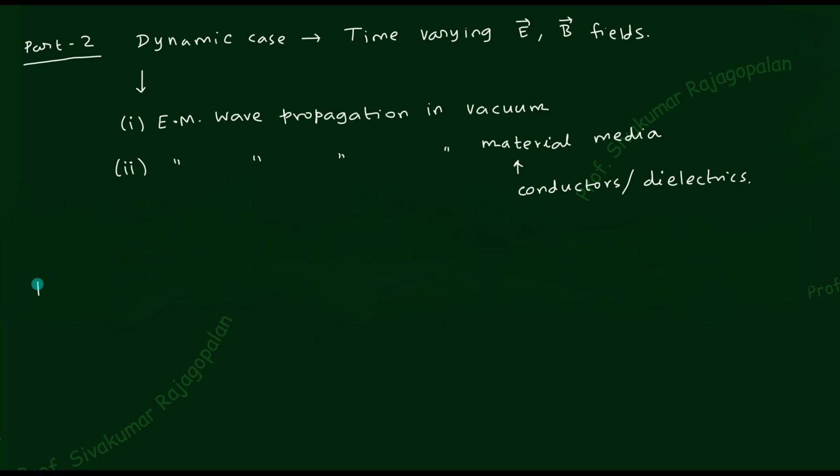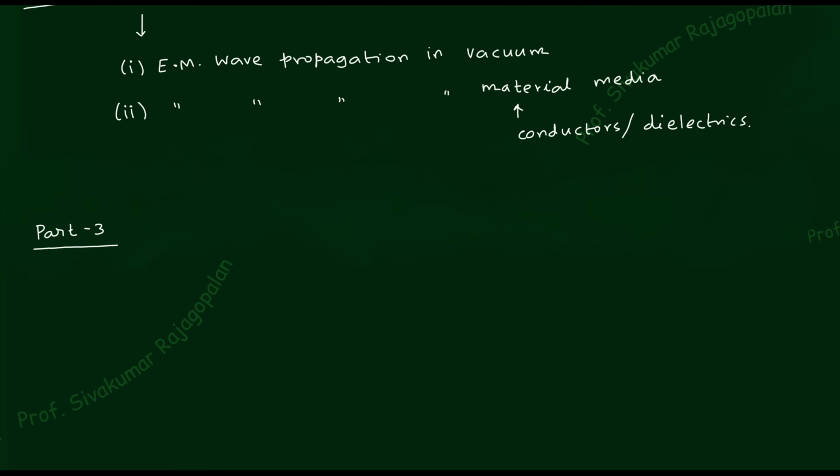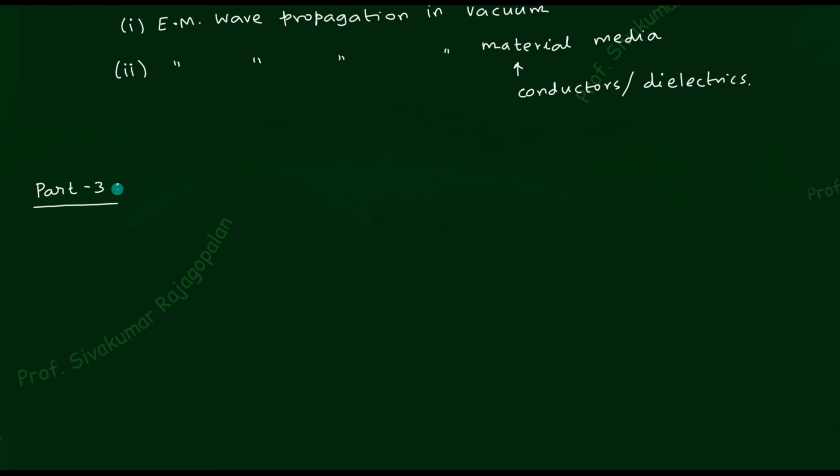Once you complete that also, we will deal with a more theoretical foundation of electrodynamics, namely relativity. So that's what I'll write down. The last part of electrodynamics would be the covariant formulation of electrodynamics.